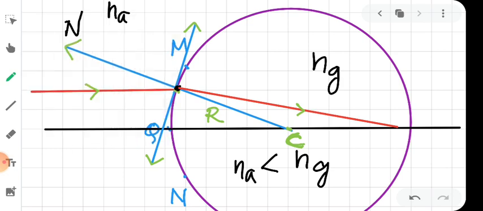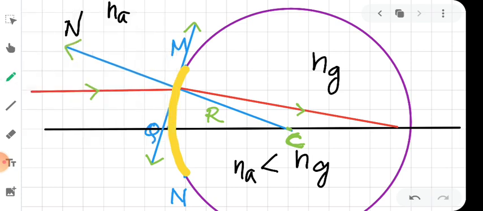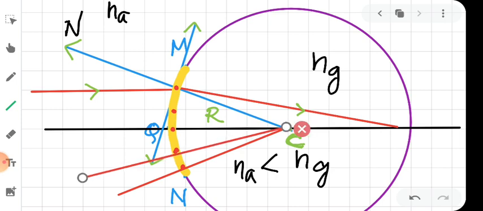So our interface was this MQN, and any point of incidence on this interface has a normal which ends at the center of curvature of the interface.